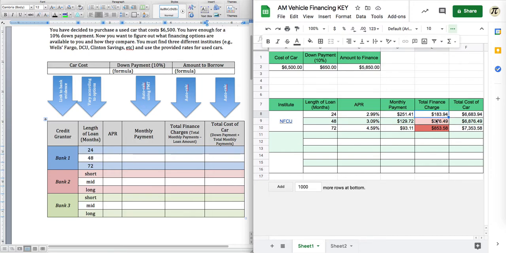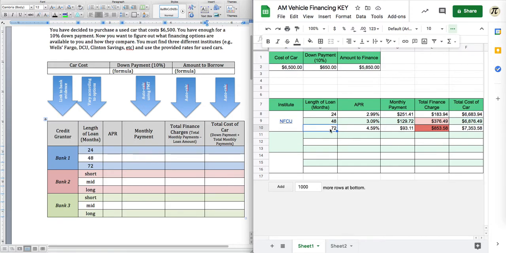To rent the money, that's what a finance charge is, I'm paying $183 total. So over 2 years, I'm paying almost $200 just for that money. So the cost of the car originally was $6,500, but now I'm actually paying $6,683.